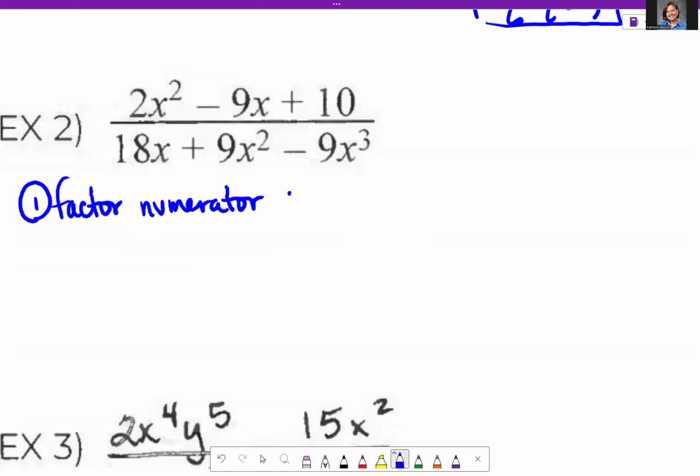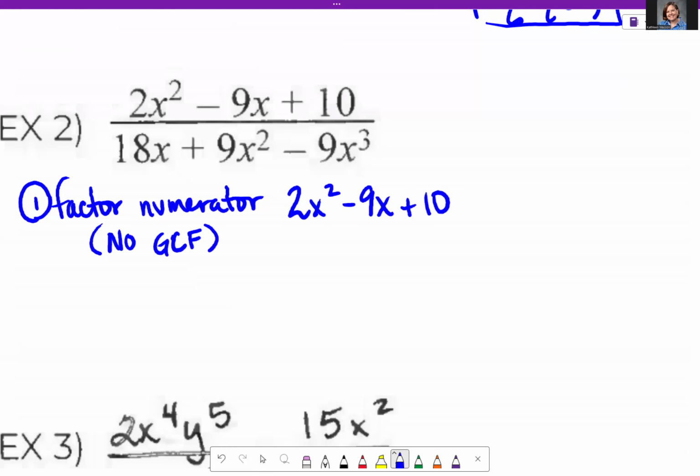My numerator is 2x squared minus 9x plus 10. When I'm factoring, the first thing I do is look for a common factor, the greatest common factor. When I combine each of these terms, there isn't a common factor. But always check that first.